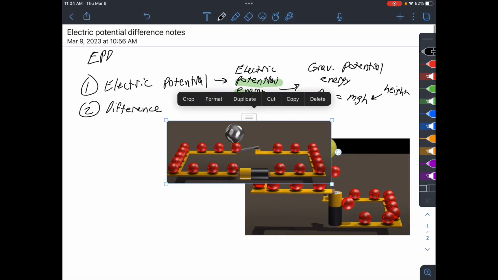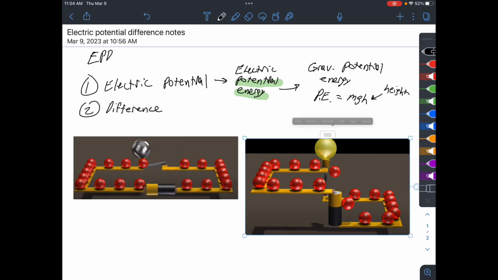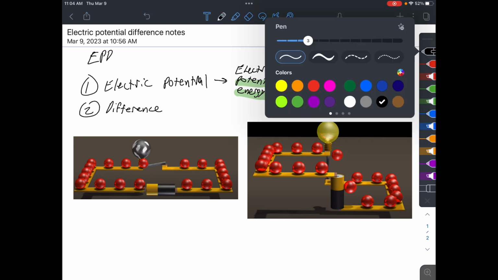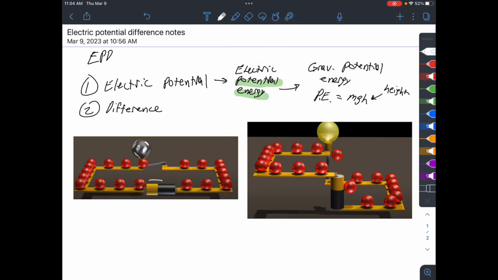The first one on the left here being what our circuit normally looks like. We have a battery that is connected to some wires.